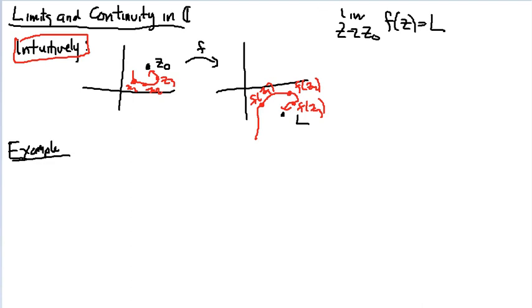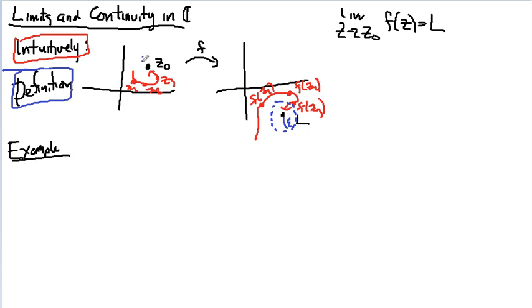Technically, what you want to think about is the definition. The definition says, let's not think of this as a process. Let's just think of it as: is it possible to get within a circle of epsilon of L? Can I get close enough to z naught where, if I'm close enough to z naught, I'm guaranteed to be that close to L?